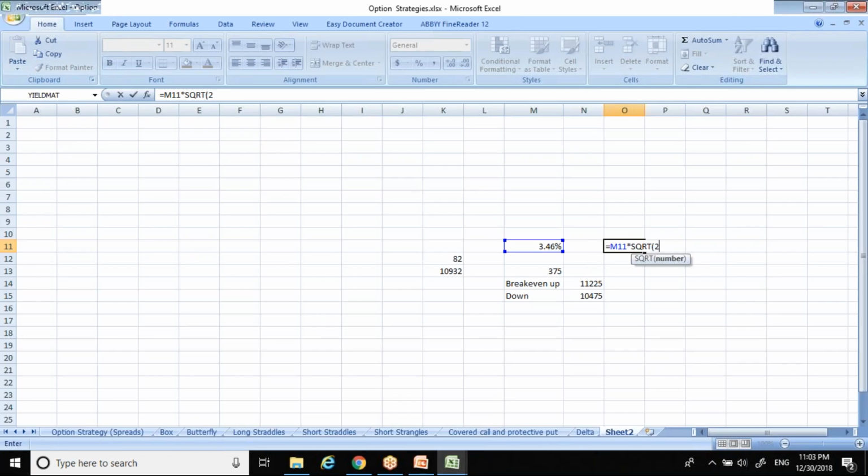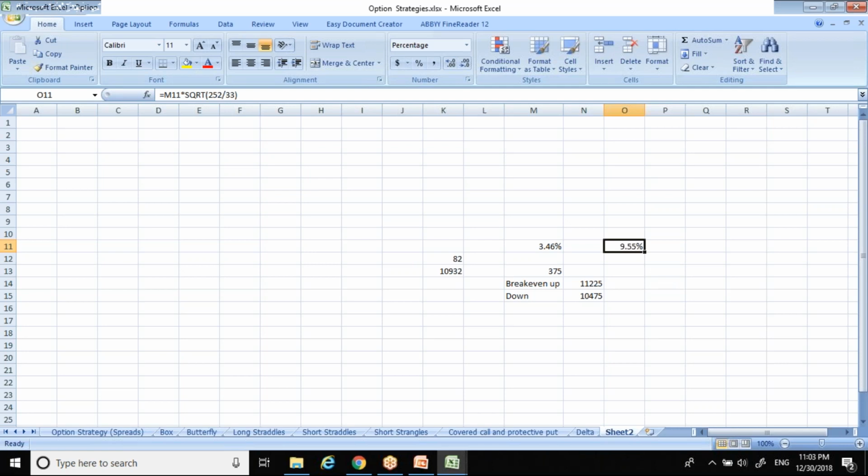So 252 divided by the time, which is 33 days remaining right now. So this is the value. If the volatility is around 9.55, right, you would be able to get the break even.